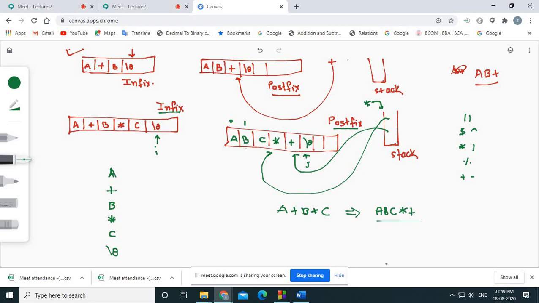Clear? So I think the time is up and we are keeping our session up to here. In the next example, before discussing the program, we'll see a few more examples related to infix to postfix conversion, right? Currently, whatever examples are given to you, the rest of the examples are there.